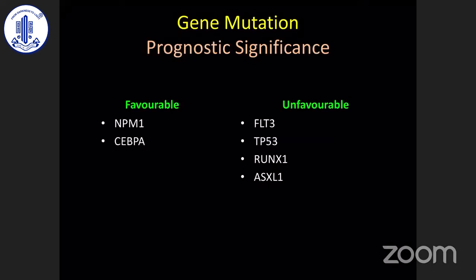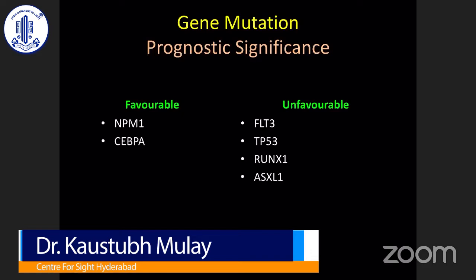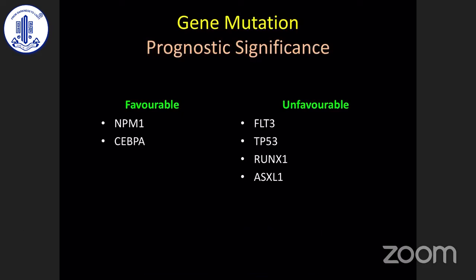Similarly, genetic mutations such as NPM1 and CEBPA mutations have a favorable prognosis. On the contrary, mutations of FLT3, TP53, RUNX1, and ASXL1 have unfavorable prognosis. If FLT3 mutations are present, you can give tyrosine kinase inhibitors, and their prognosis significantly improves.